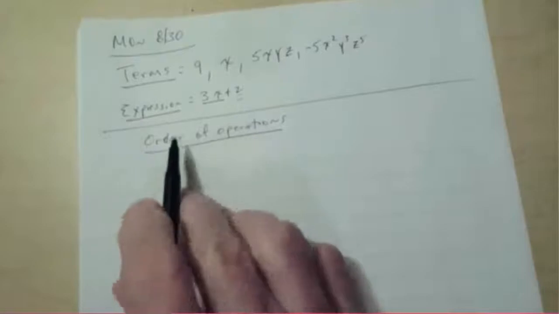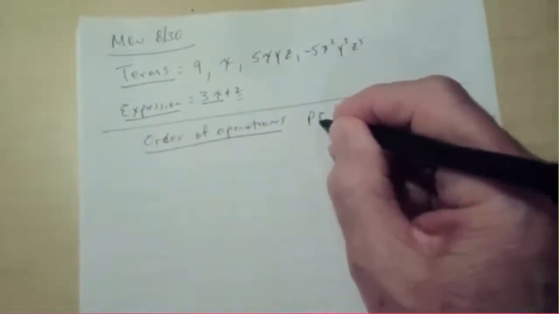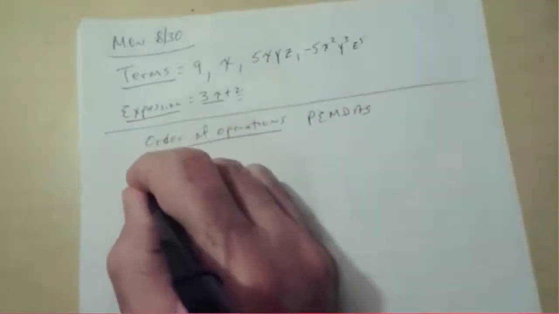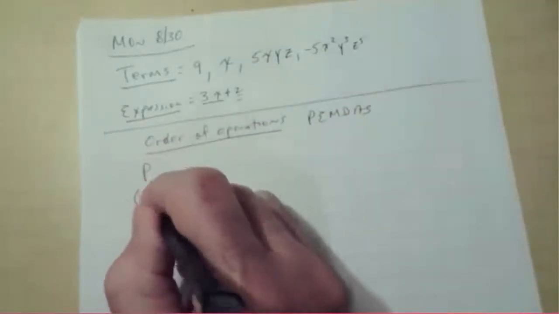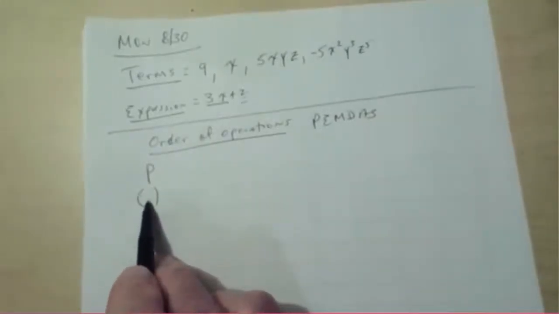In other words, which one do we do first? Order of operations is PEMDAS, P-E-M-D-A-S. This is parentheses. Okay, if you've got parentheses, you're going to do this first.